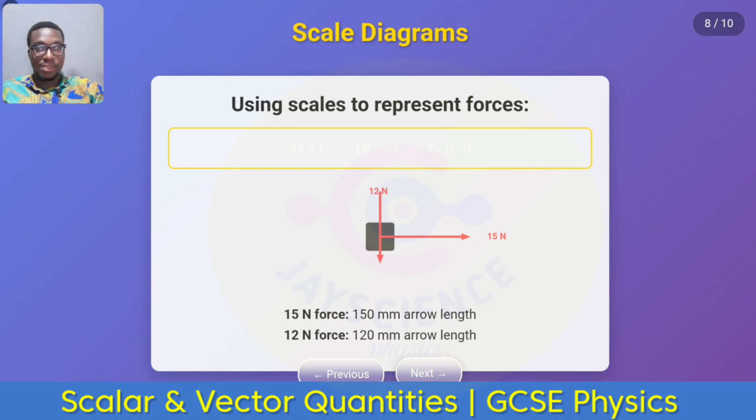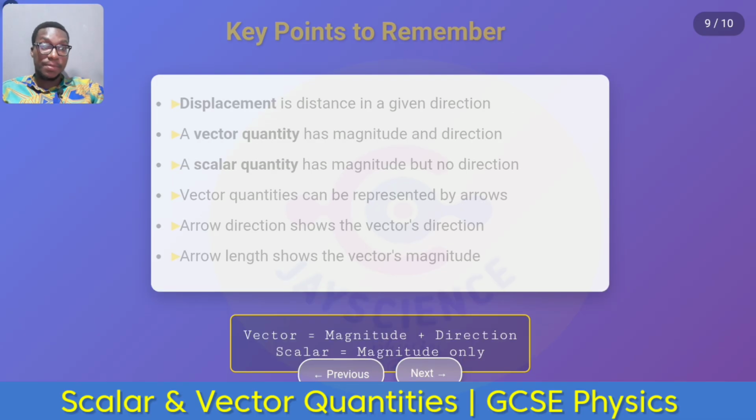And here, this is basically what we talked about. 15 Newton force, you can represent that with a 150 millimeter arrow length, and then 12 newtons with the corresponding 120 millimeter arrow length. So the 15 Newton force will obviously be greater than the 12 Newton force in terms of length.